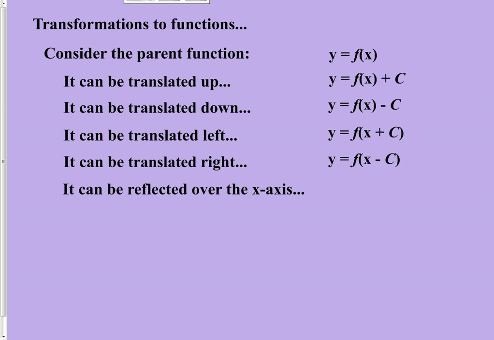Our graphs can be reflected over the various axes. If we want to reflect over the x-axis, basically what we are doing is keeping the x, but changing the sign of y. So we want to change the sign of everything that y equals. We're going to change the sign out in front of the function and make that negative affect all of the signs of the function. To reflect over the y-axis, the y value is going to stay the same, but the x is going to be changed.